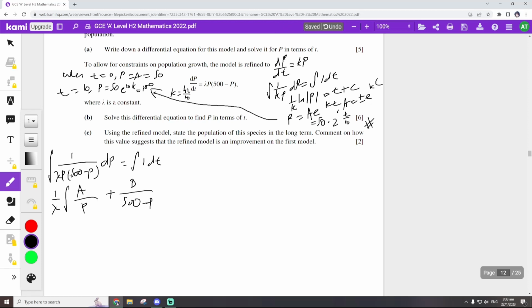If I put in 0 into p, my a is going to become 1 over 500, and if I put 500 in for p, it will be the same for b. So it turns out that I can actually write this as 1 over 500 lambda.